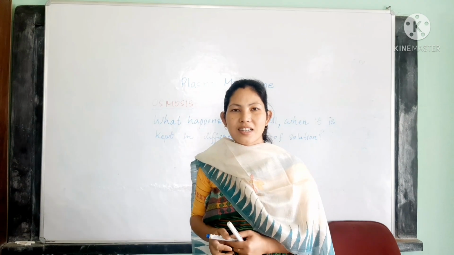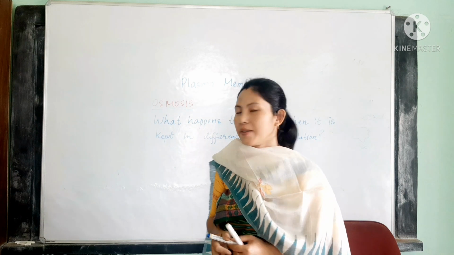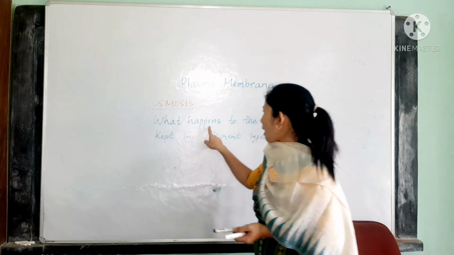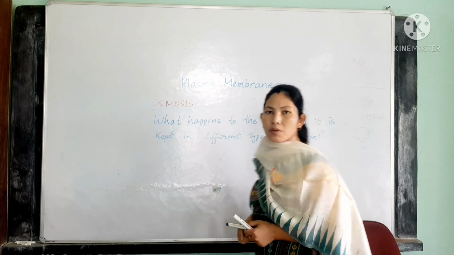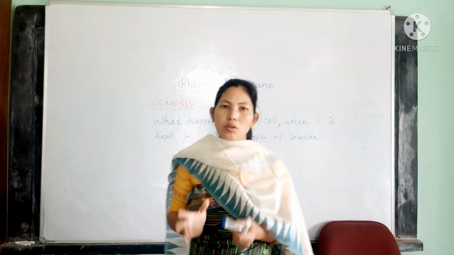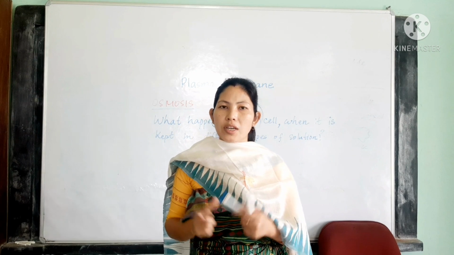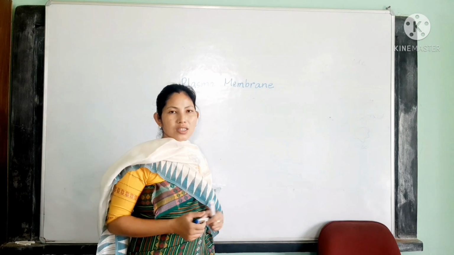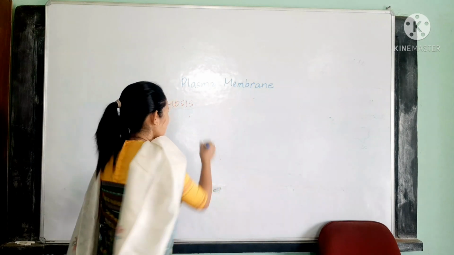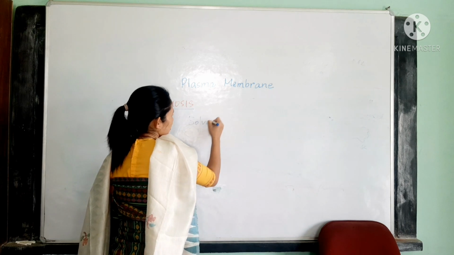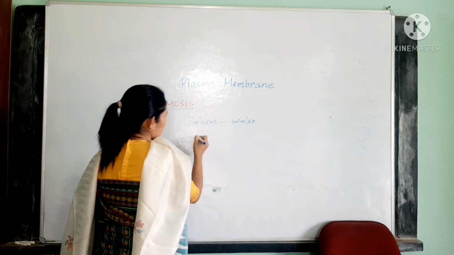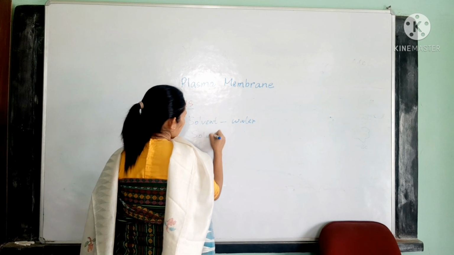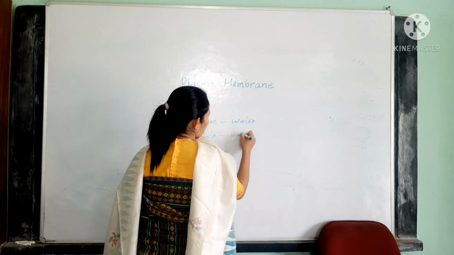Let us understand osmosis in more detail. We will see what happens to the cell when it is kept in different types of solution. A solution is a mixture of a solvent and a solute. Let us consider the solvent as water and the solute as salt.